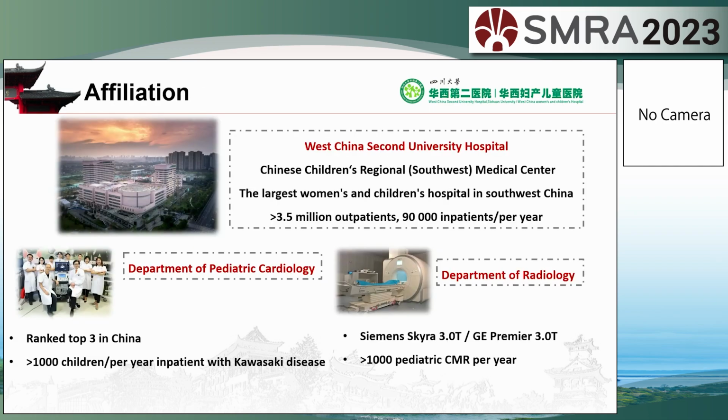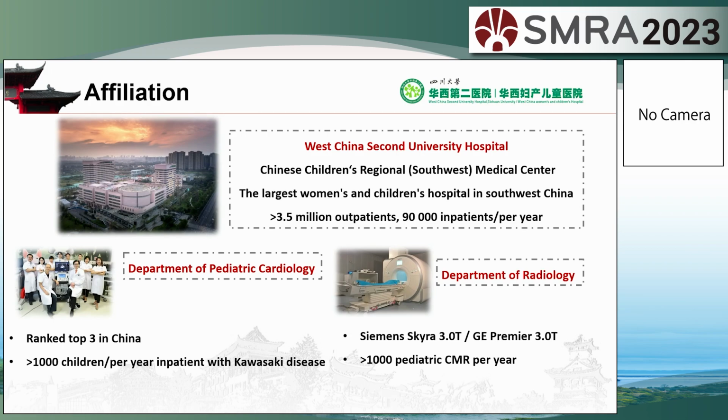And then I want to introduce my organization here. Our hospital, West China Second University Hospital, is the Chinese Children's Regional Medical Center and the largest women's and children's hospital in Southwest China, with over 3.5 million outpatients and 900 inpatients per year.